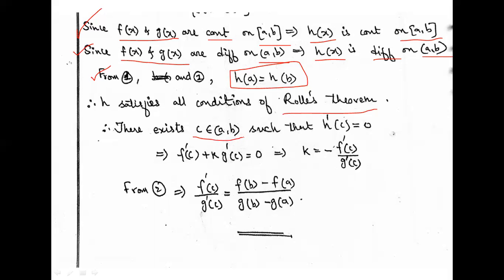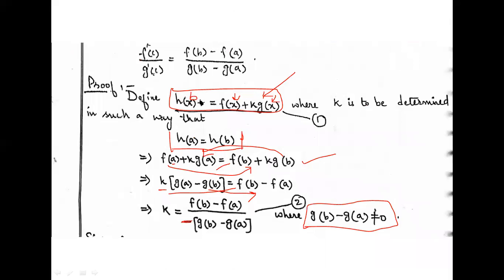Okay, open interval (a, b) such that h dash of c is equal to 0. Now find h dash of c. What will be h dash of c? This is your h of x is equal to f of x plus k into g of x.